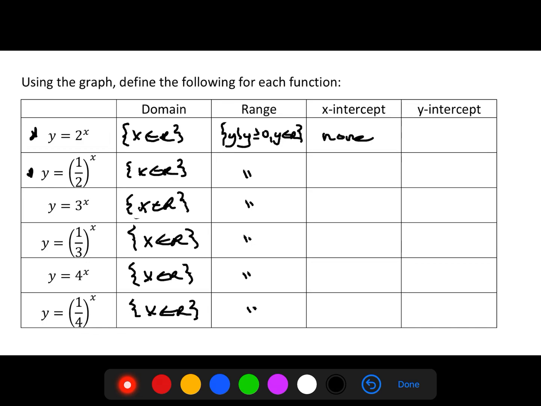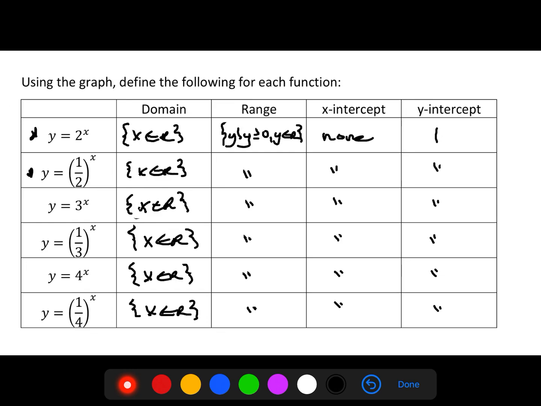If we have our case of y equals 1/2 to the power of x, when we have our positive exponents, it's getting smaller and smaller and smaller, closer to 0, but we'll never get there. So none of our functions are going to have any x-intercept. Our y-intercept is always going to be 1. Again, because if we have an exponent of 0, it's always going to be equal to 1.